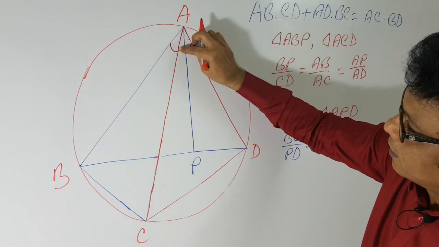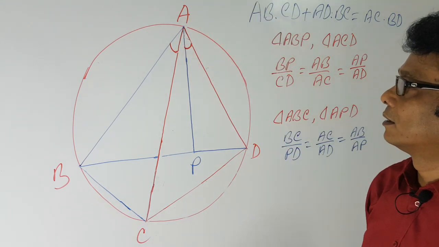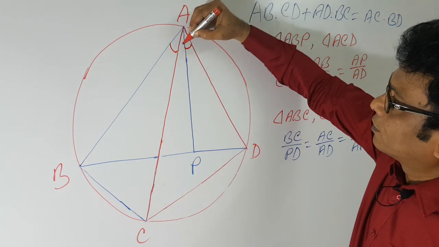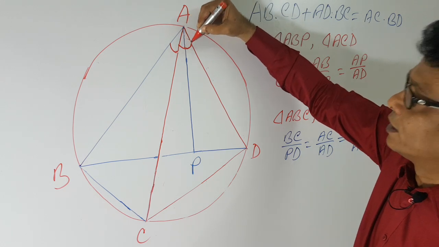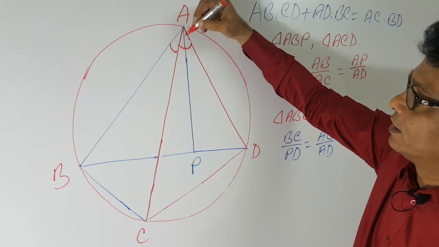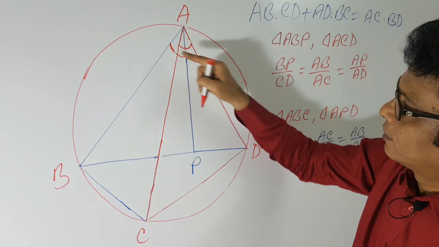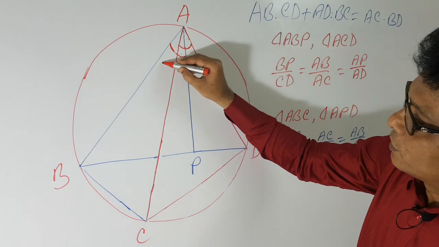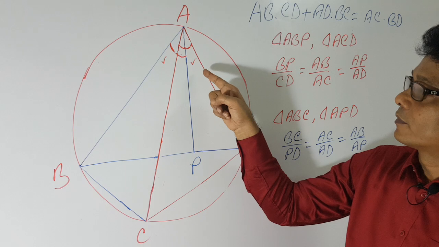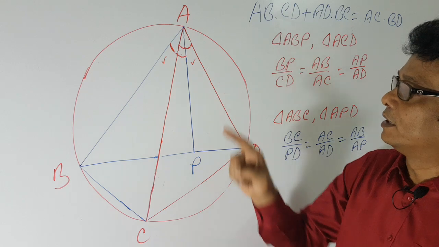Now this angle equal this angle according to construction. Now add this angle with this, add this with this. This angle equal this angle according to construction. Now we add this angle with this and with this.